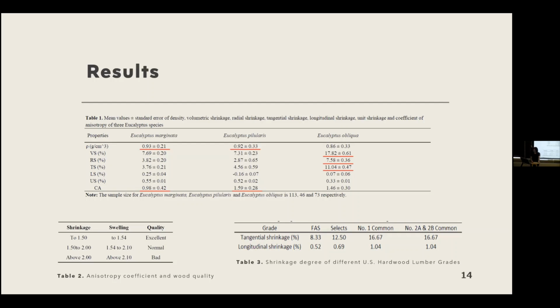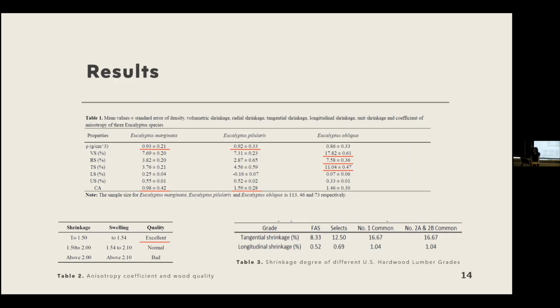And also you can see from table 2, based on the previous research that illustrates the corresponding relationship between the coefficient of anisotropy and wood quality, it can be told that the corresponding wood quality of the coefficient of anisotropy of Eucalyptus marginata is excellent, while for Eucalyptus pellita, its coefficient of anisotropy is 1.59, which only corresponds to the normal wood quality.